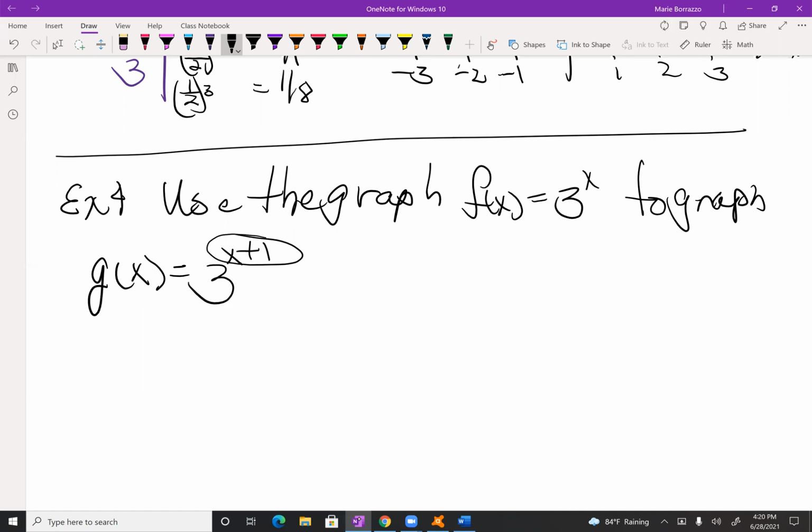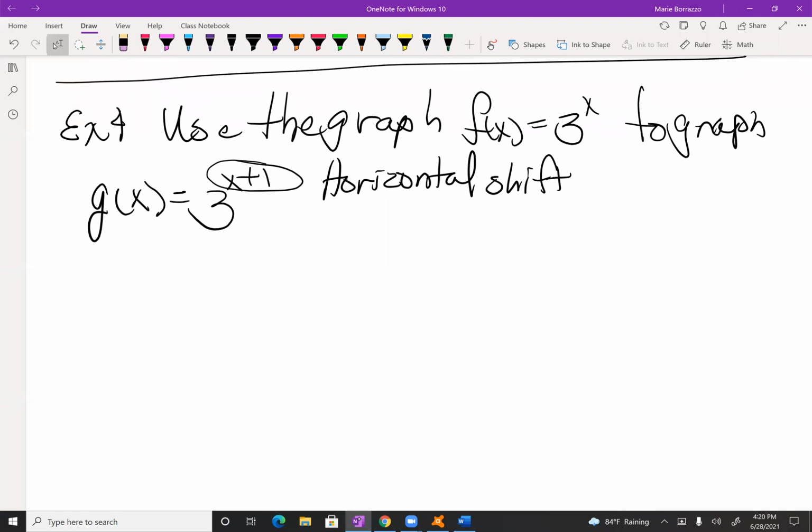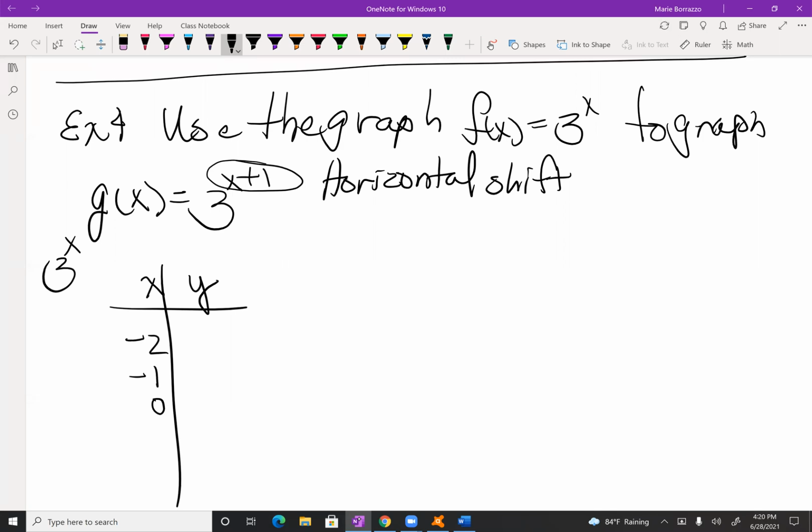So this is a horizontal shift. To the left 1 unit. So we start with our original graph, which is where we have the xy for the 3 raised to the x. So we would do this one over here. Again, use 0 to start, -1, -2, just for a rough enough graph, we could just stop at 2.